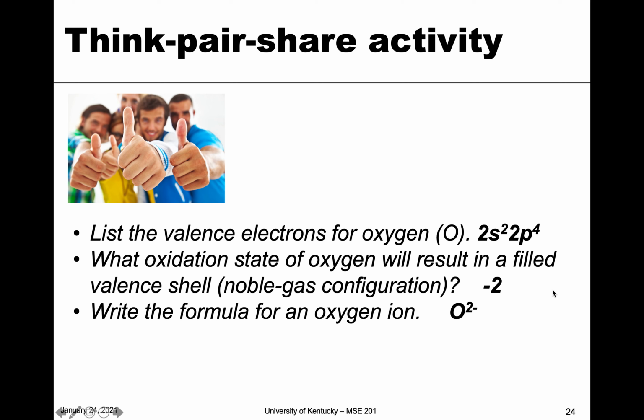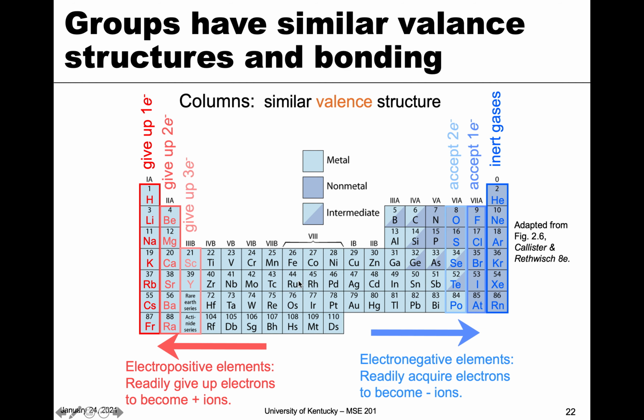If you do that, then the oxidation state is termed -2, because we're adding 2 electrons, which are negatively charged. So the oxidation state is -2 when it's in the noble gas configuration.